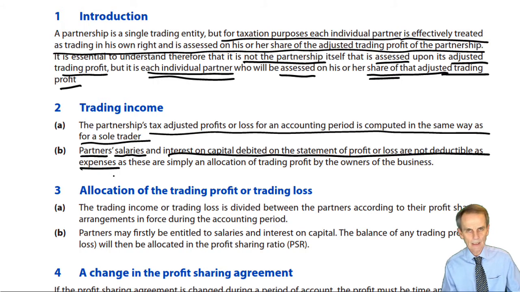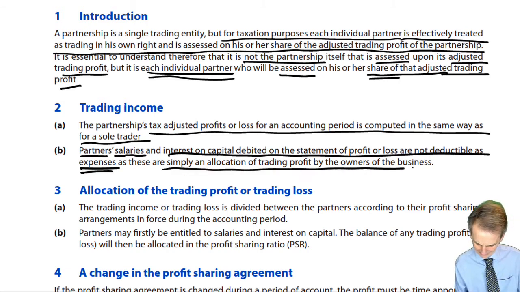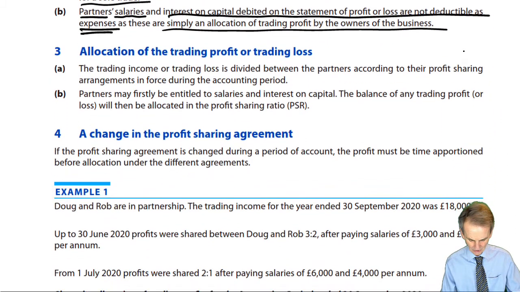We use that in dividing out that tax adjusted trading profit of that period between the partners, so that then each partner may be assessed on their share of that adjusted trading profit. So salaries or interest on capital are not deductible expenses because they are simply an allocation of the trading profit by the owners of the business.